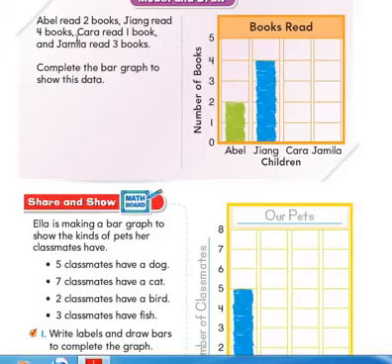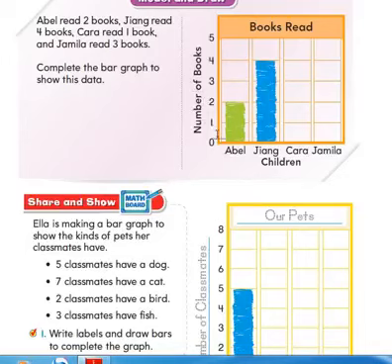So we are speaking here about how many books each one read, right? So what is the highest number here? Abel, the first one, has 2, the second one has 4, the third one has 1, and the last one has 3.